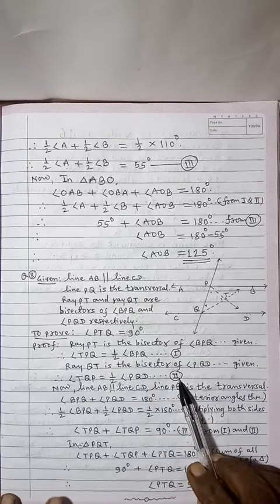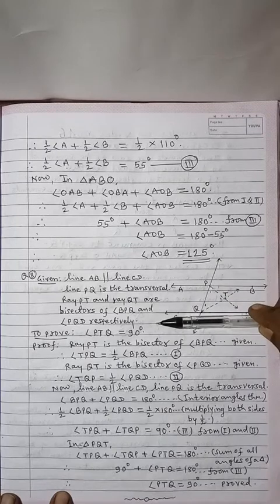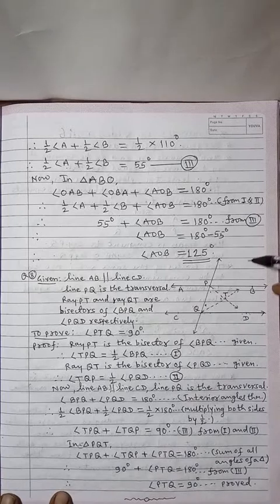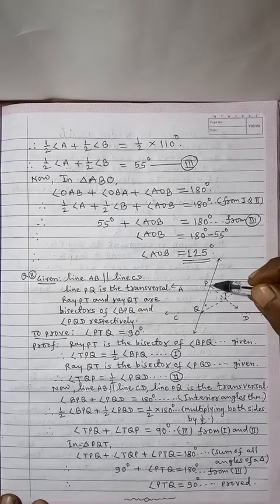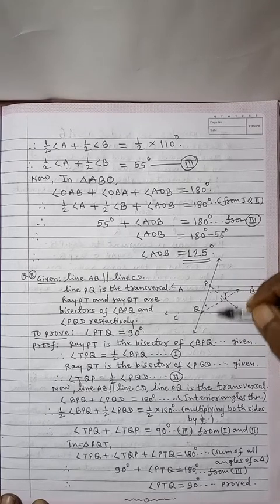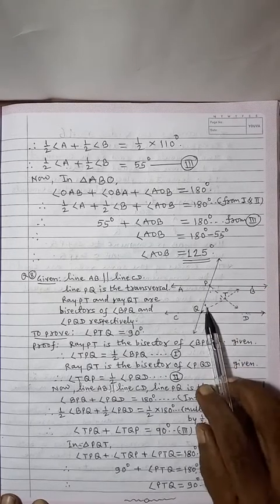Now pay attention. Line AB is parallel to line CD. Line PQ is the transversal. Now see here, angle BPQ, this angle, and angle PQD, this angle, are the interior angles on the same side of the transversal.